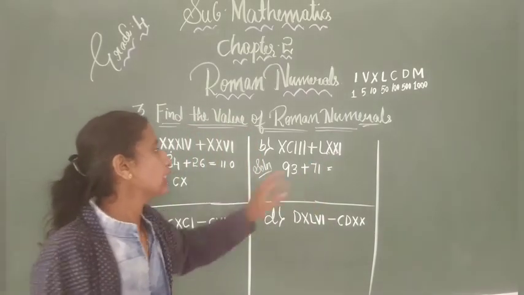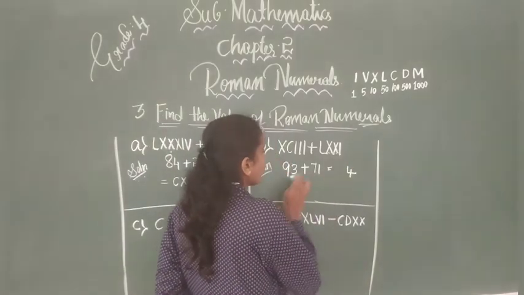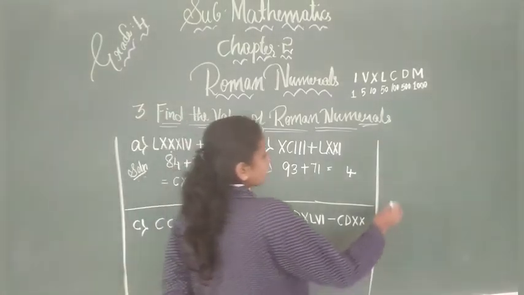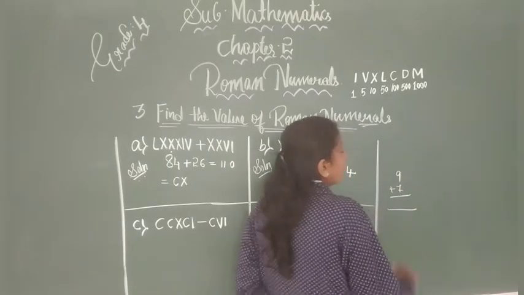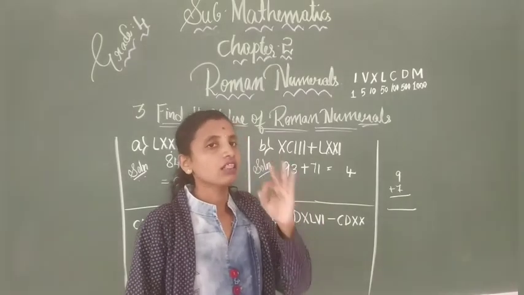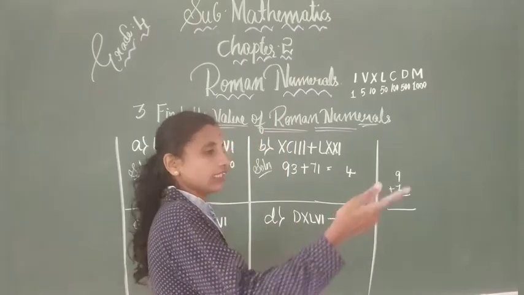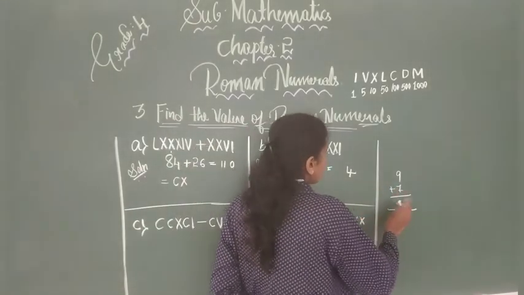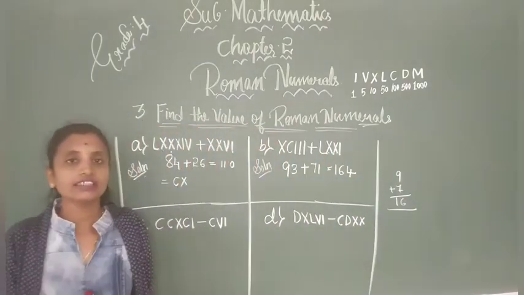So 93 plus 71: 1 plus 3 is 4. 9 plus 7, we do addition: 9, 10, 11, 12, 13, 14, 15, 16. 9 plus 7 is 16. So the answer was 164.